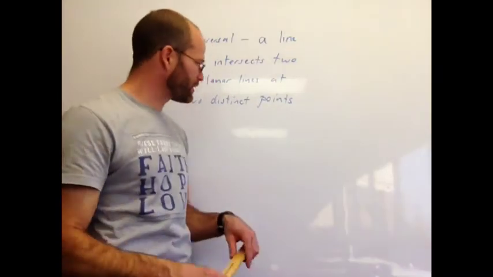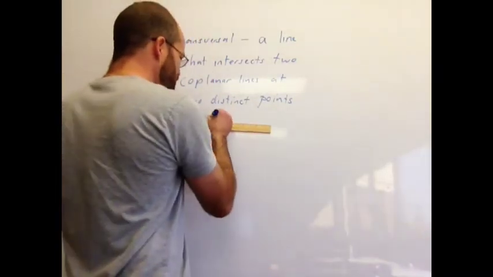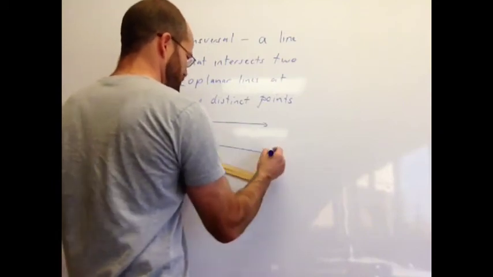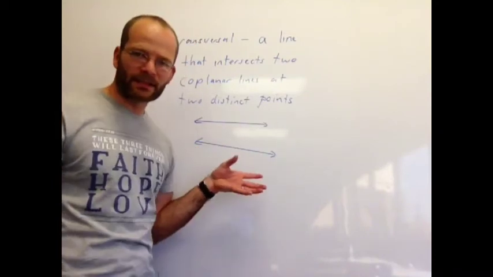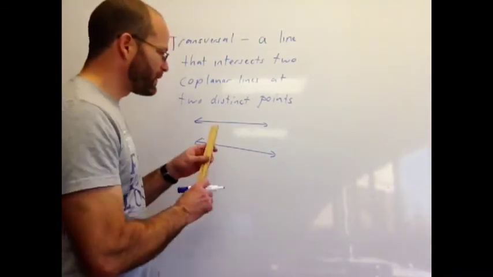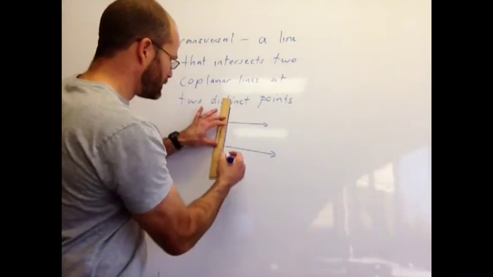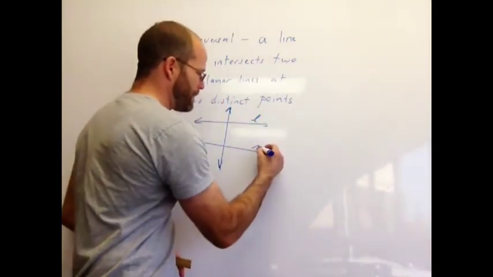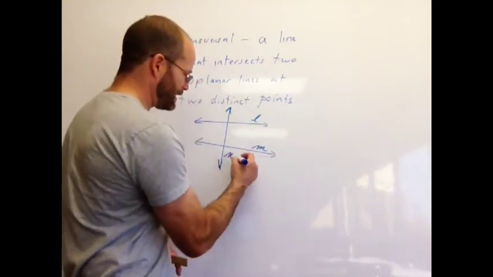We'll start with a really straightforward example. If I have 2 coplanar lines, such as these 2, those are 2 coplanar lines. A transversal is a third line, that intersects both of them at 2 distinct points. So I may have line L and line M, and then line N is my transversal.